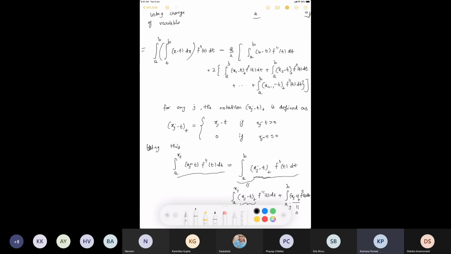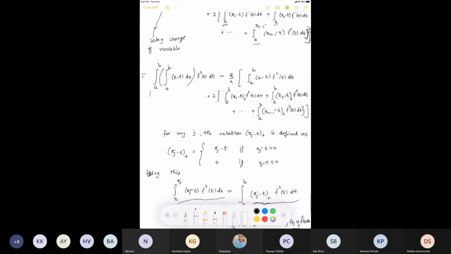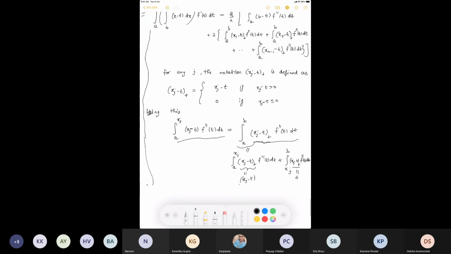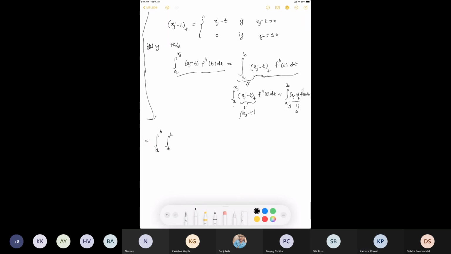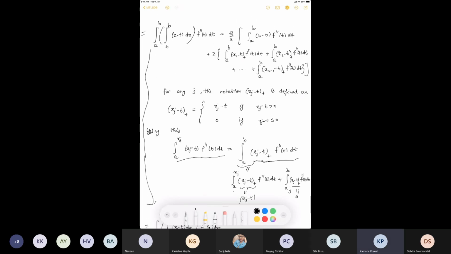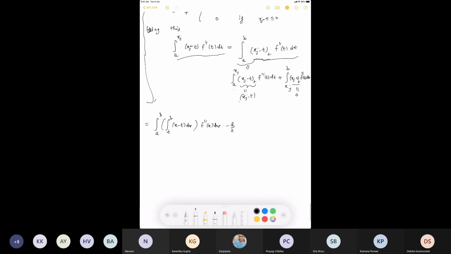Now, one thing you can notice in all of the terms is that the limits of integration are from a to b, and f double prime t dt is coming in each term, right? So this can again be written as: the first term is this, and minus h by 2 integral a to b of (b minus t).